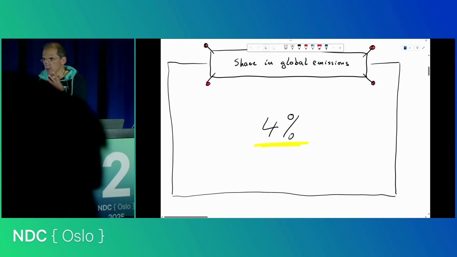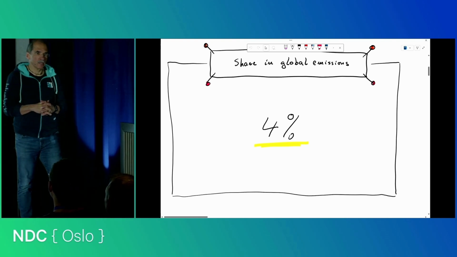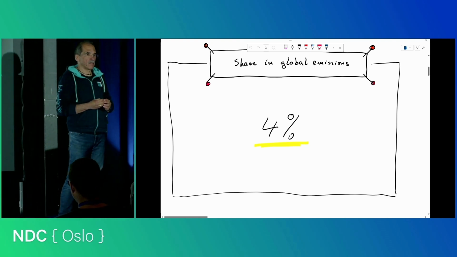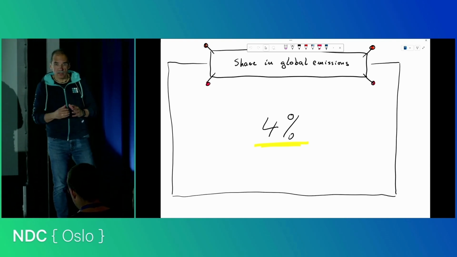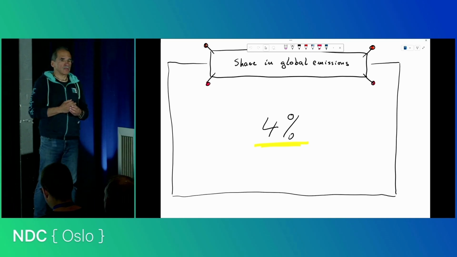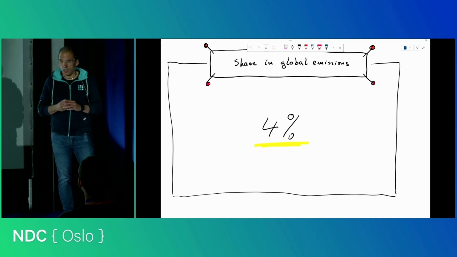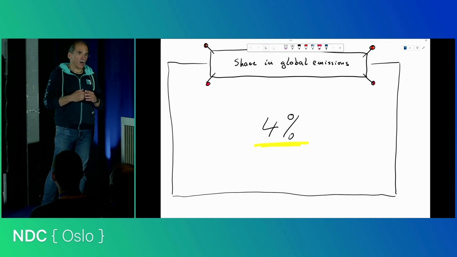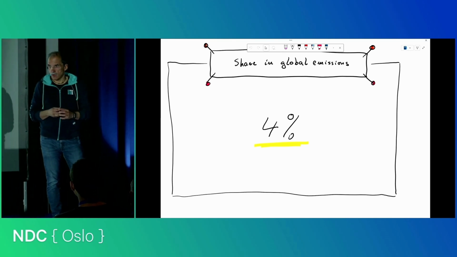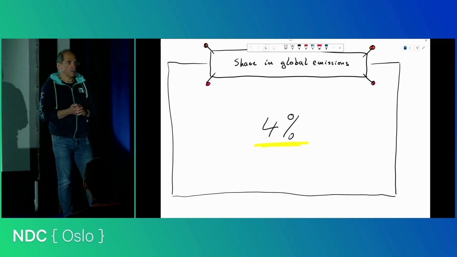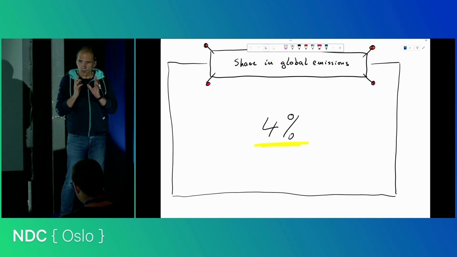I would like to talk with you about this number and what's around this number. This is the amount of global carbon emissions our industry is accountable for. So this is the carbon emission of IT and software. And it's a huge amount.